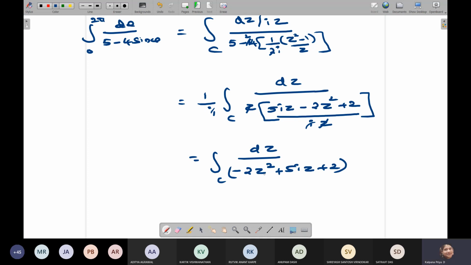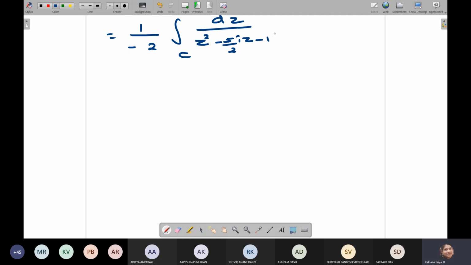Please check whether I'm right or not. Yes, ma'am, you're right. So it is always easy if you bring the coefficient of z squared as 1 before proceeding with the contour integration, residue theorem. So I can take minus 2 outside, so that 1 by minus 2 integral over C dz by z square minus 5 by 2 iz minus 1.